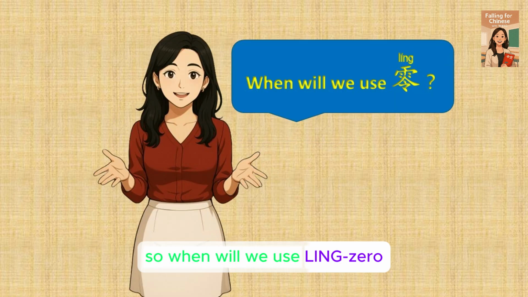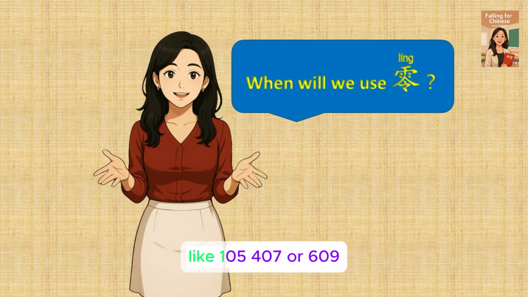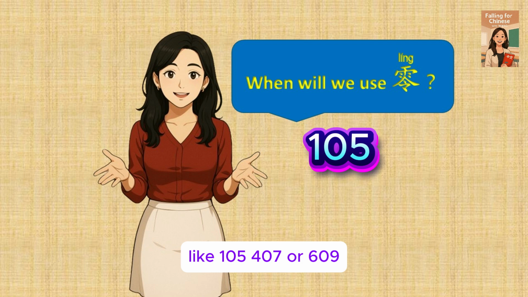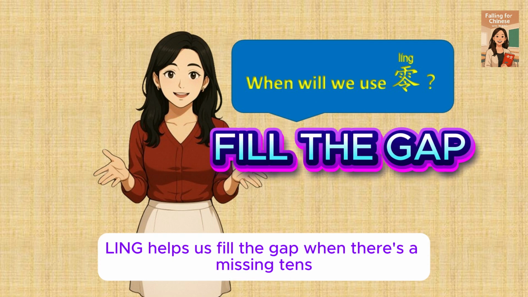So when will we use 0? You will see this number often in bigger numbers like 105, 407 or 609. 0 helps us fill the gap when there's a missing tens.